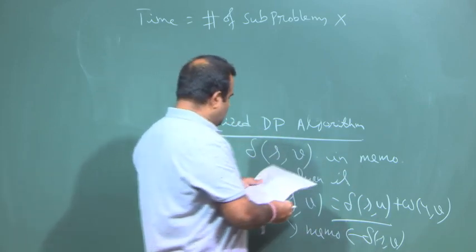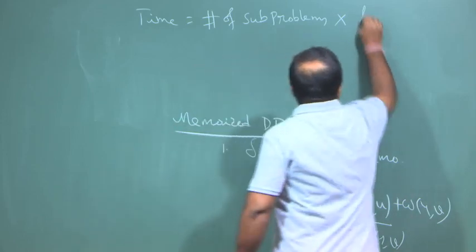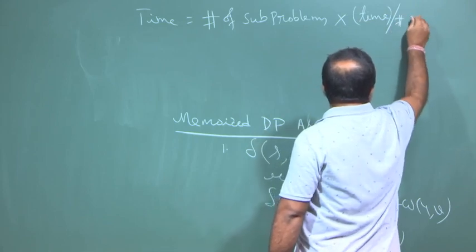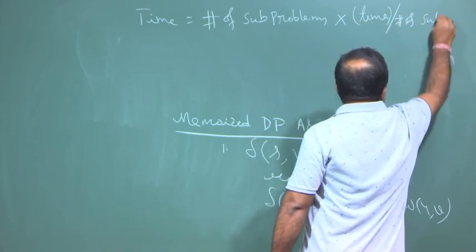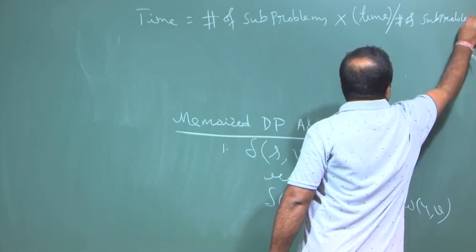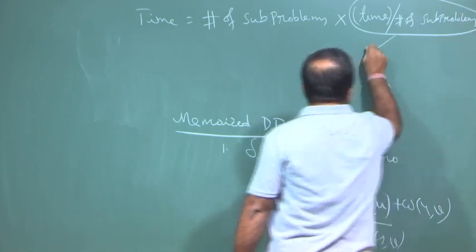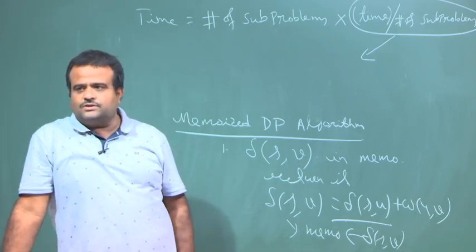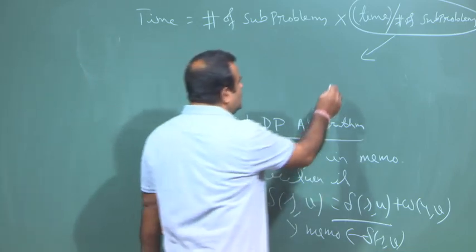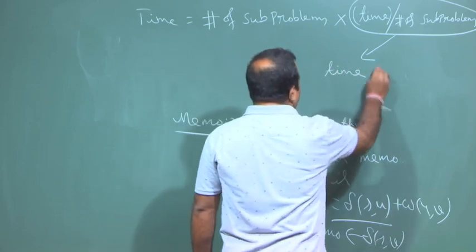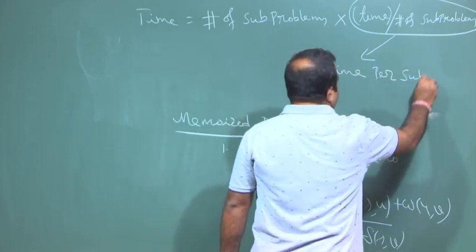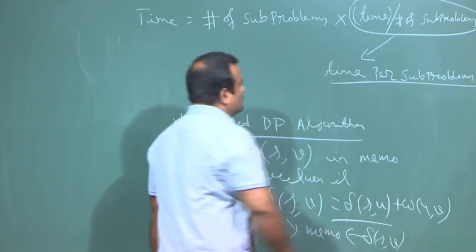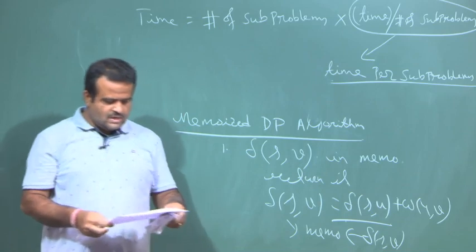So, this is basically total time divided by number of sub problems, which is the rate of executing the sub problem. So, this is basically time per sub problem.